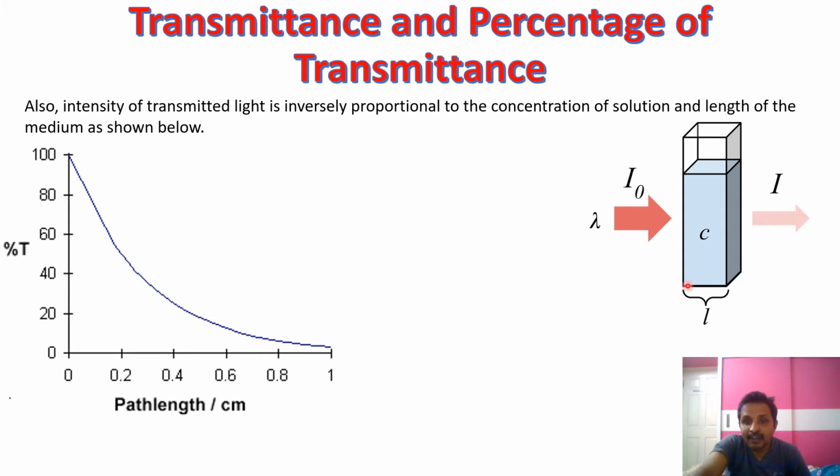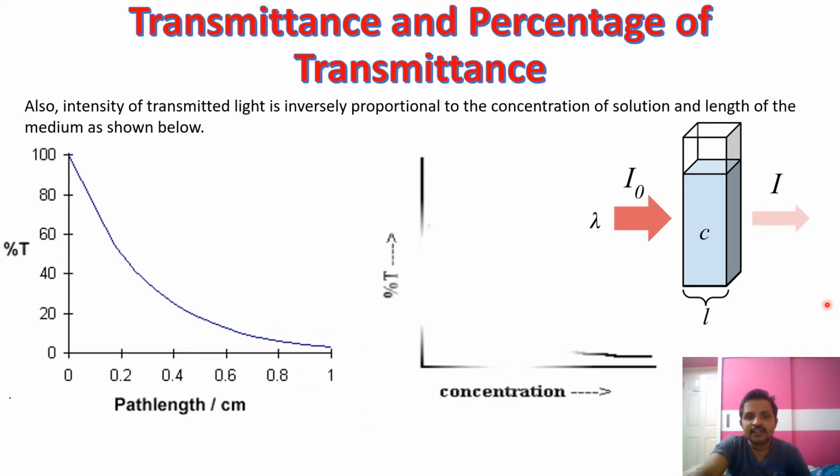As the length increases, the intensity goes on decreasing. Now the next topic is concentration: how the percentage of transmittance depends on the concentration. Now let us discuss this one.